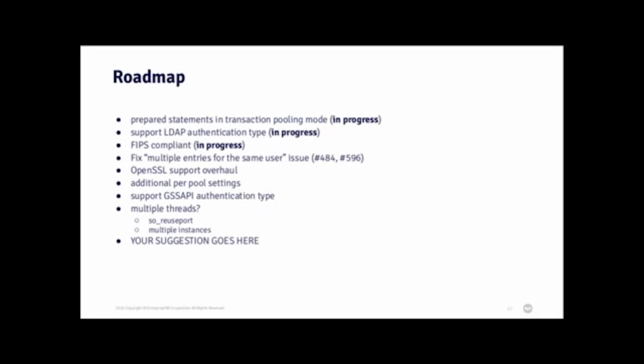So right now, if you need prepared statements, you have to run PgBouncer in session pooling mode. But the disadvantage is that you need more server connections to handle it. Basically, you have a lot of idle connections on Postgres, and sometimes it's not good.